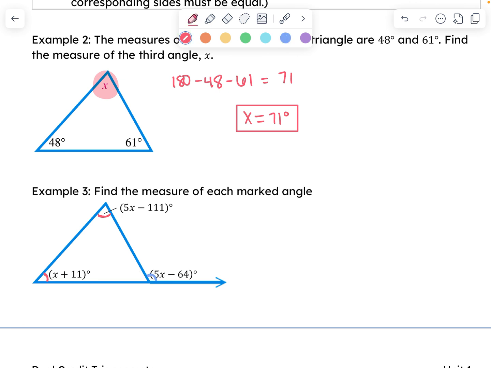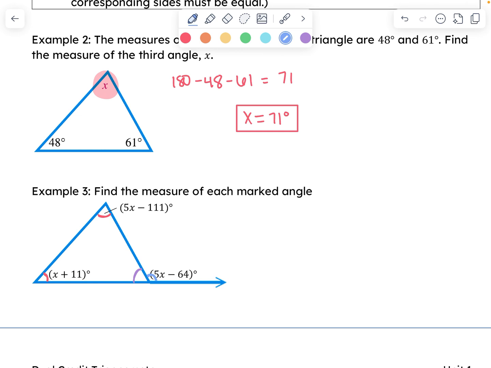Now I know all the triangle's angles need to add up to 180, but that 5x minus 64 is outside the triangle, not inside the triangle. So it's like this purple one is missing that I don't know what it is. But that purple one and the one outside that I have marked in blue also have a specific relationship. They make a straight line, which means those are supplementary angles, which means they also need to add up to 180.